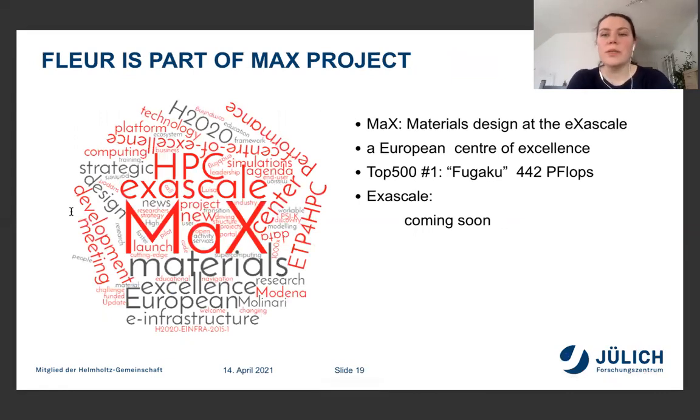Our optimization and parallelization activity are part of our work inside the MAX project. MAX is a European Centre of Excellence, and MAX stands for Materials Design at the Exascale. At the moment, the top 1 computer in the world is called Fugaku, and it has over 400 petaflops. So it's pretty close to the exascale, and we are preparing our code for the exascale machines.